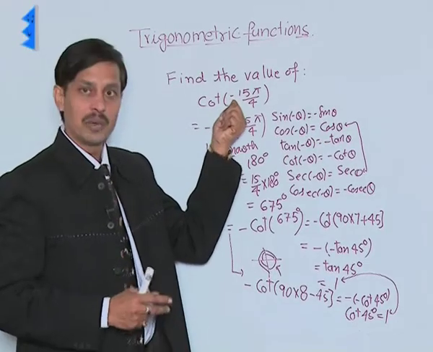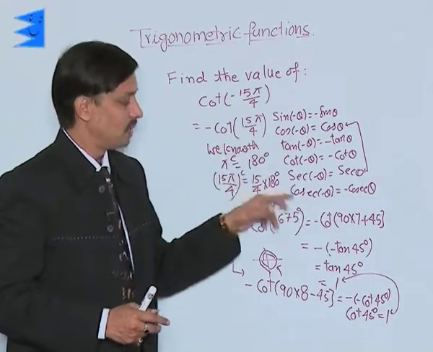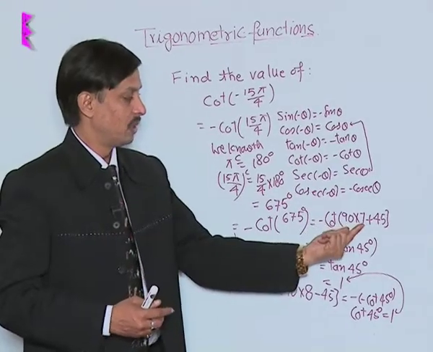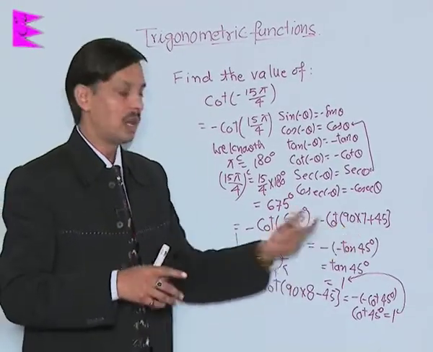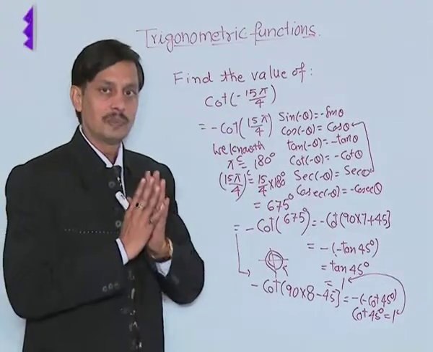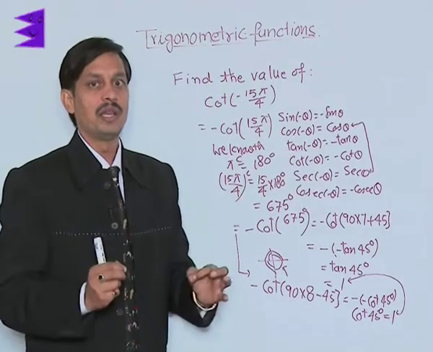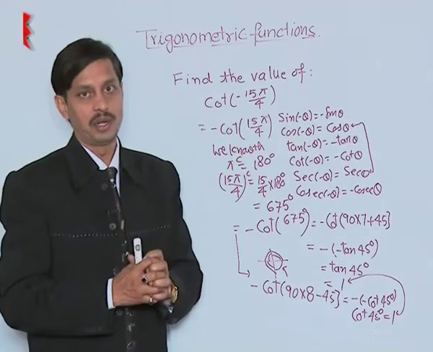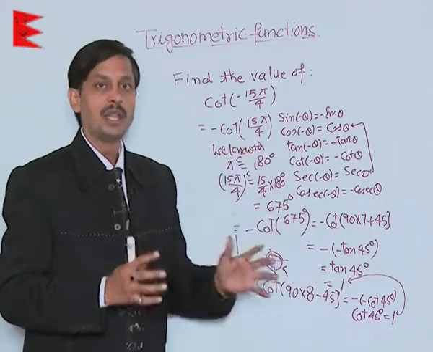First, if the angle is negative, apply these results. Second, remember the odd or even multiple and the quadrant. With the help of this, you can calculate the value of any trigonometric angle of any measurement.